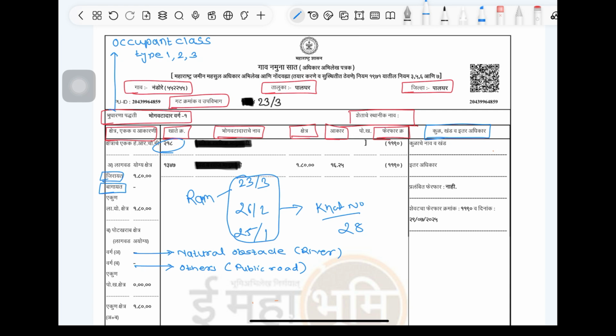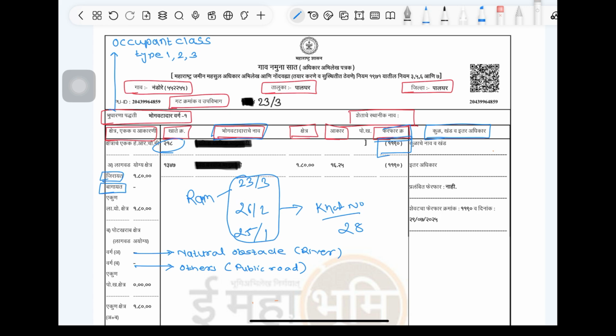भूधारकाचे नाव, name of the owner, क्षेत्र as I told you, area, आकार, taxes. फेरफार. फेरफार means what? Mutation. It's the official process of updating the ownership details in the government land records. For example, there is a sale of land or gift deed, partition, inheritance after death, or anything. Any record updation will be done through a फेरफार. Now from 1190, through this फेरफार some changes have been made in the Satbara.